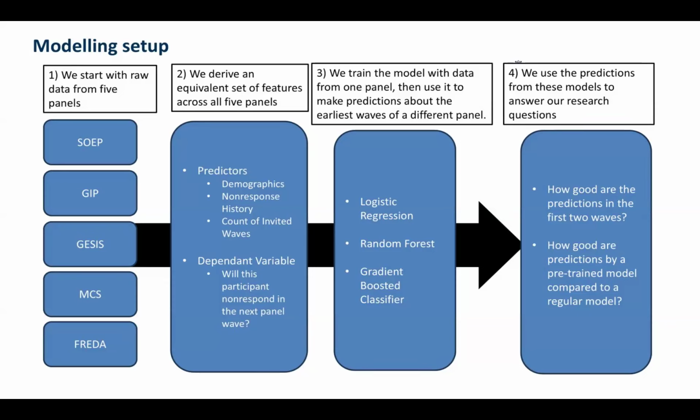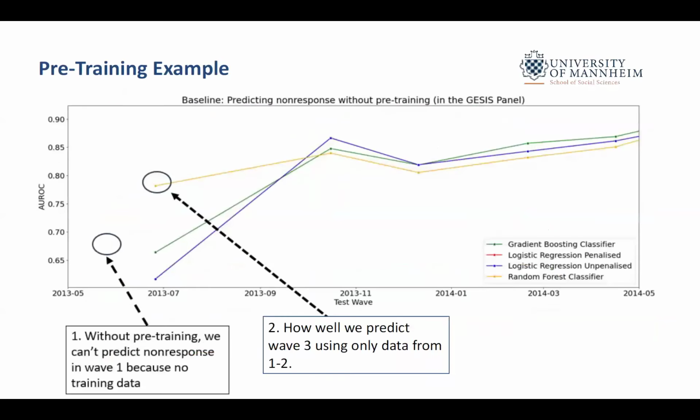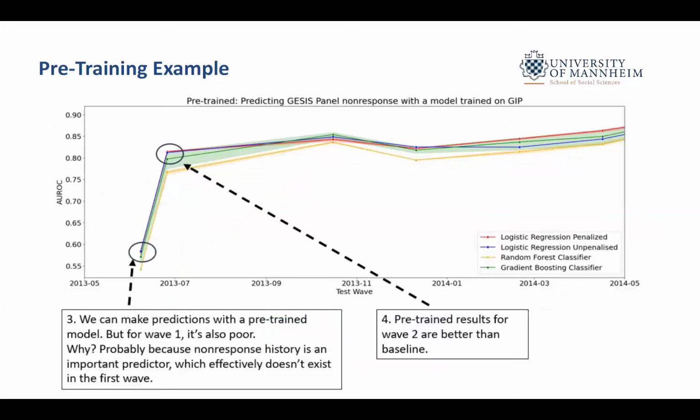So that was the kind of adventure that we had in the data wrangling across 5 different panels, trying to get something equivalent across all 5. Thank you so much for those clarifications and elaborations. Thanks.